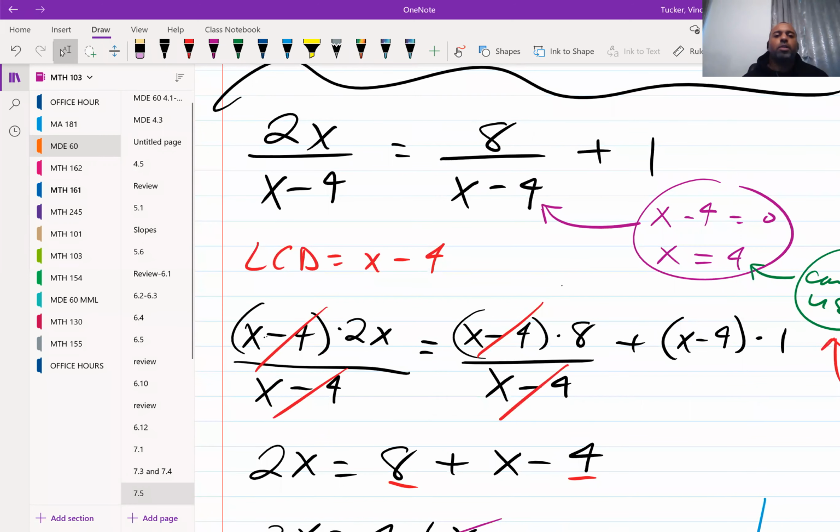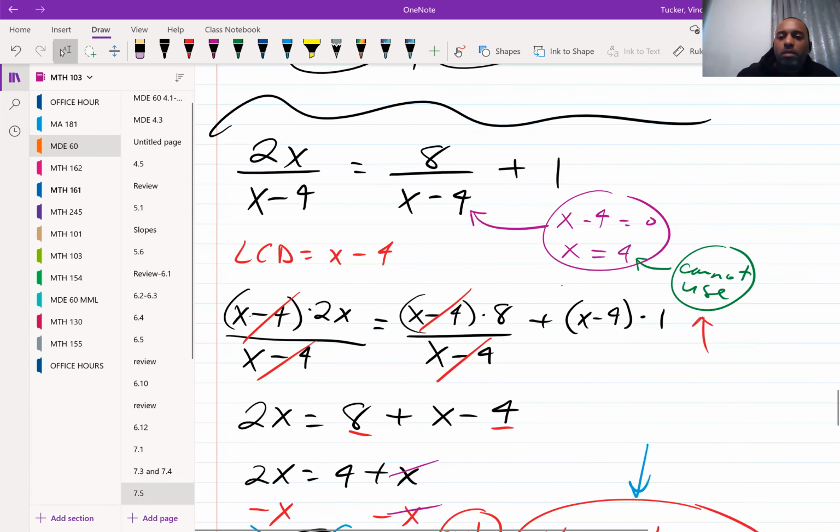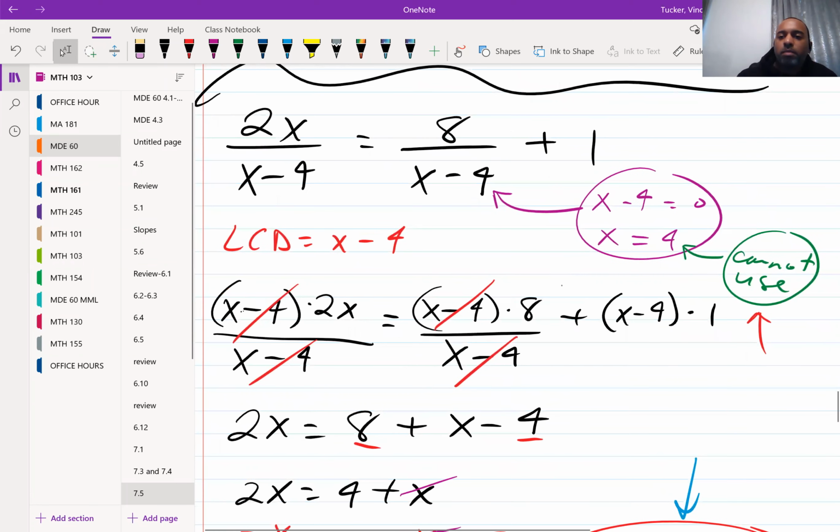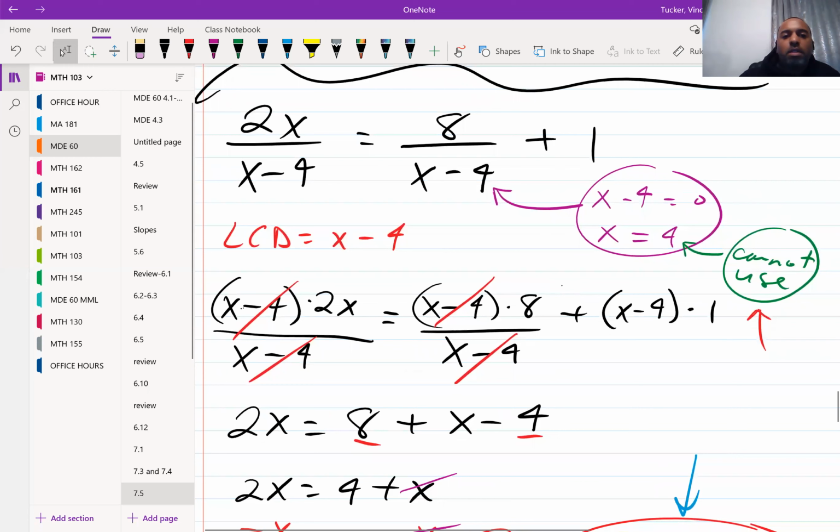Yeah. So here we have 2x over x minus 4 equal to 8 over x minus 4 plus 1. So I just want to show legit conflict.